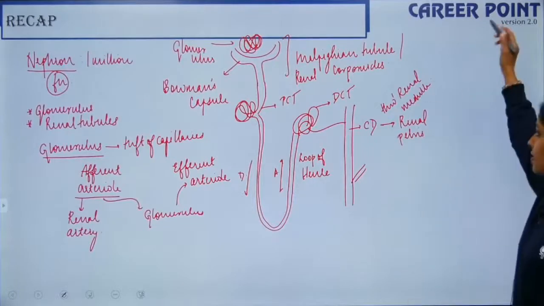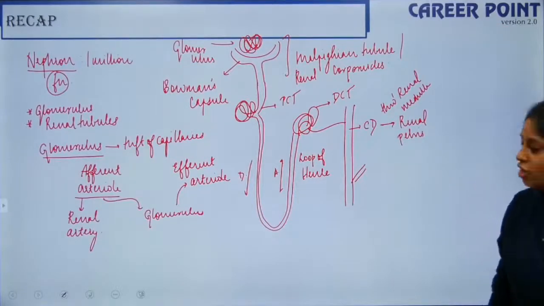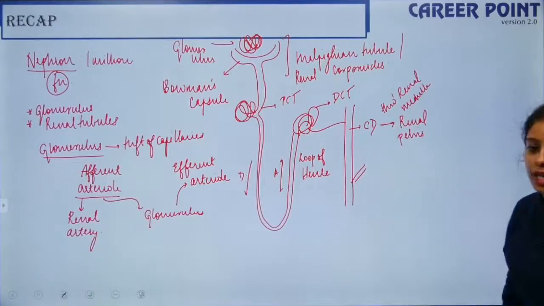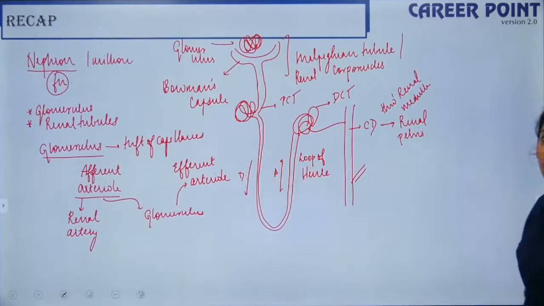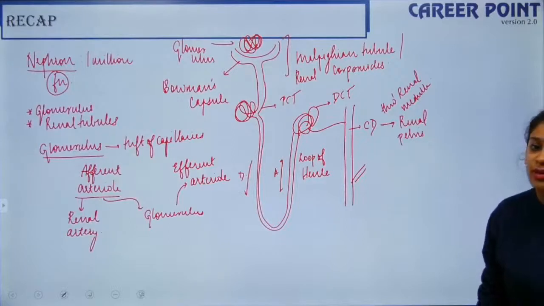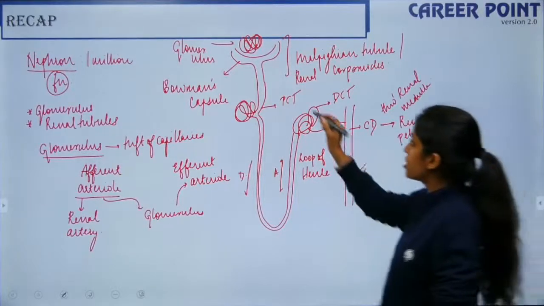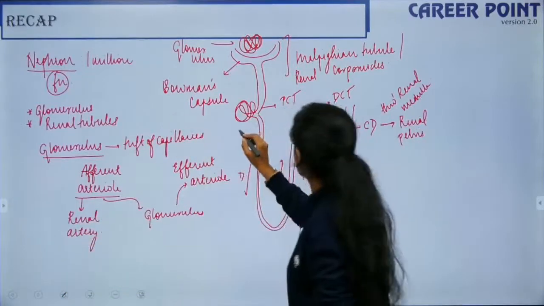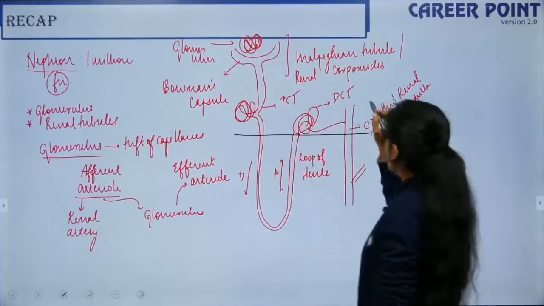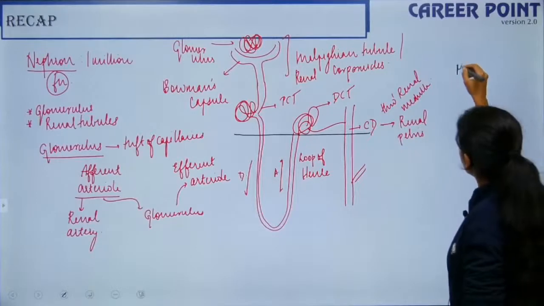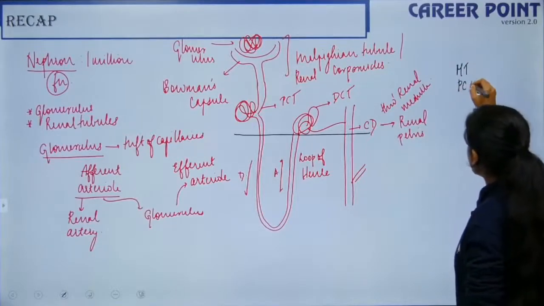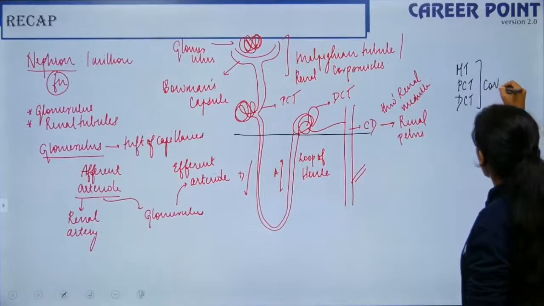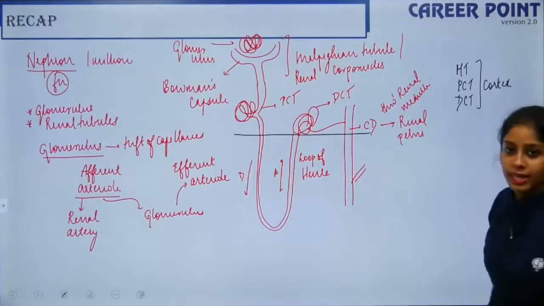Okay, done. So this is about the structure of the nephron. We went further, talking about what is a cortical nephron and what are juxtamedullary nephrons. If you see your Malpighian tubule, that is here. Your Malpighian tubule, your PCT, your DCT, everything remains in the cortex region of your kidney, right?